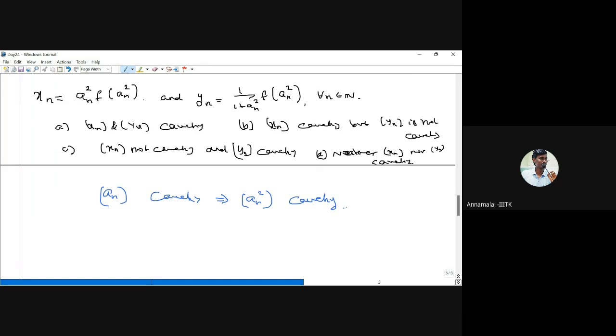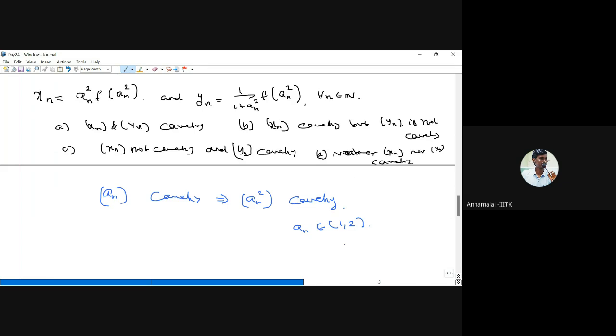Why does this happen? We are taking all the an in the interval 1, 2.